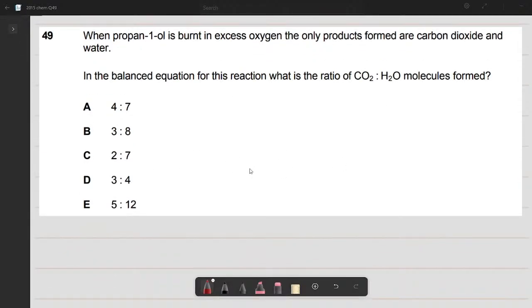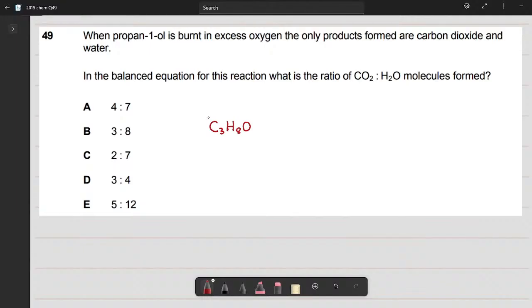First of all, we're going to write the general formula for propan-1-ol in complete combustion. Prop means three carbons, so three carbons, eight hydrogens and one oxygen.